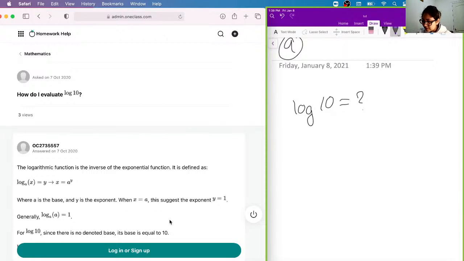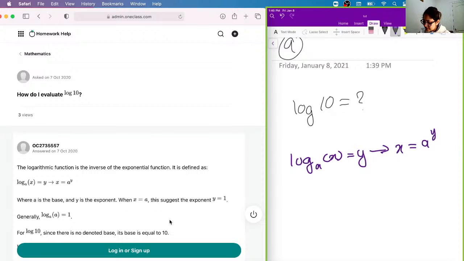And so a basic outline of a log function is log base a of x is equal to y. And so this is the inverse of an exponential function, so you have x is equal to a to the power of y.